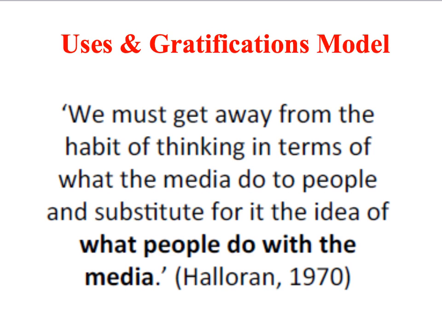So compared to the theories that we discussed in the first screencast, the emphasis changes from the various ways that the media influence and manipulate people to an emphasis on the way in which audiences actively use the media.